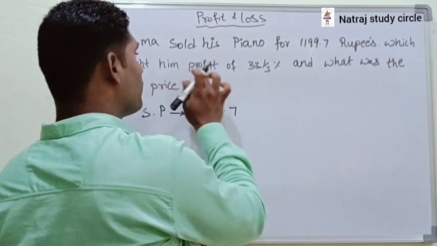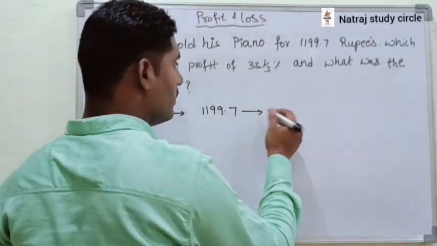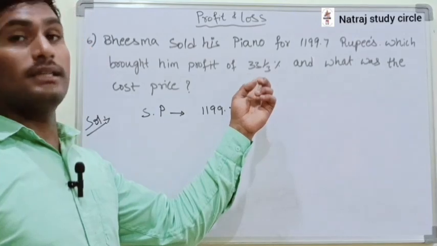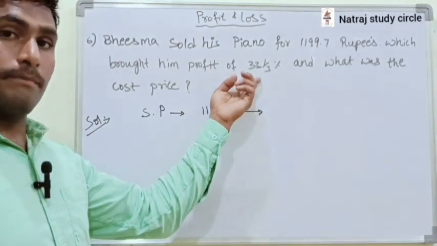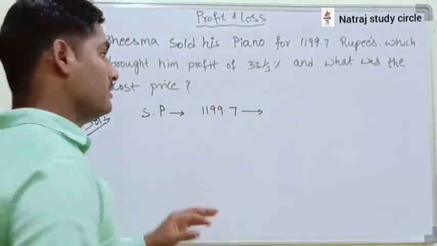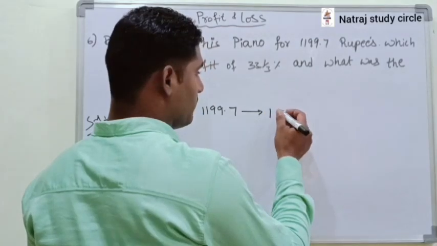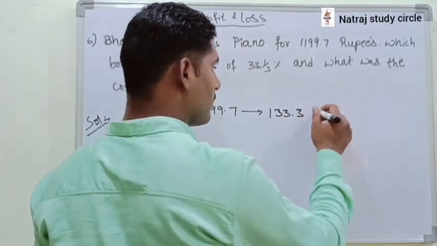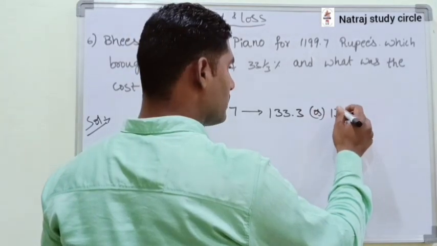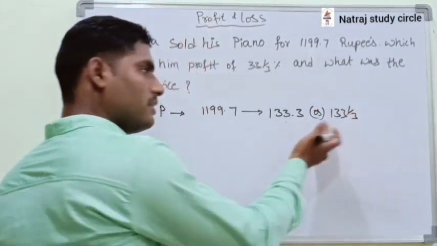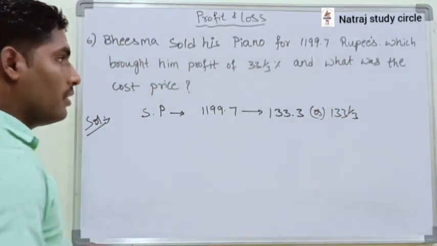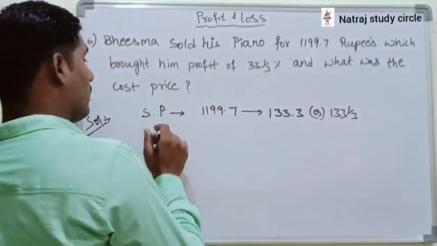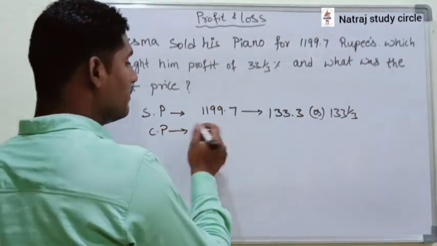Profit, in the sense he got 33 1/3% more than 100. So we have to add it, plus 0.3 or 133 1/3. These are the same. So what is the question? What was the cost price?